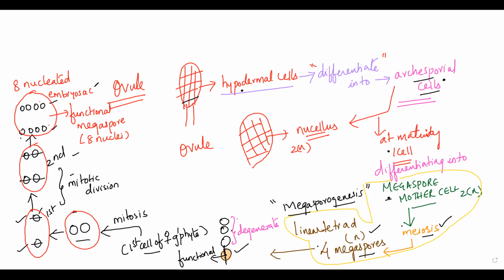Okay, so the two nuclei, one from each pole, will migrate to the center now. So let me take the next page. So I have got an embryo sac with 4 nuclei here and 4 nuclei here, right? Okay, now what is happening? The two nuclei.